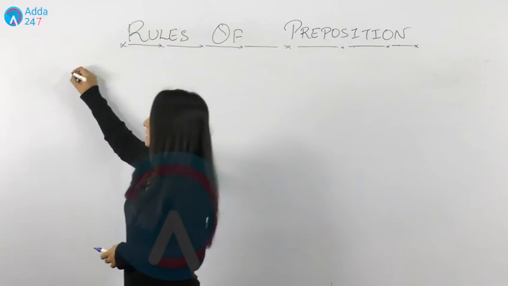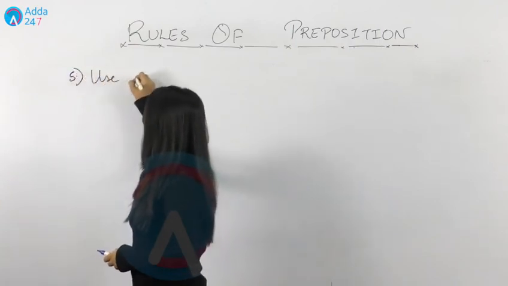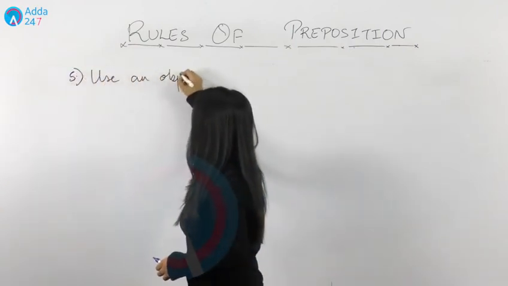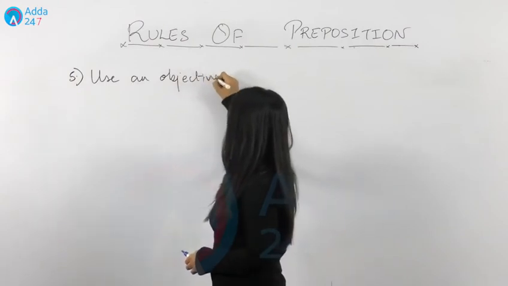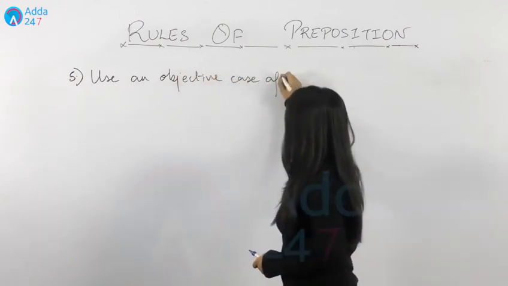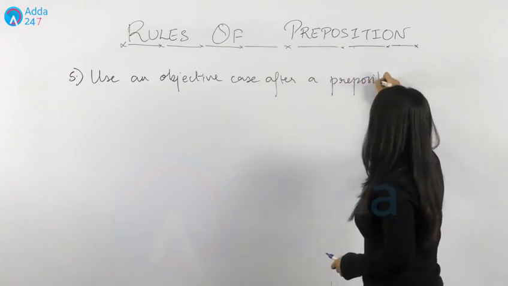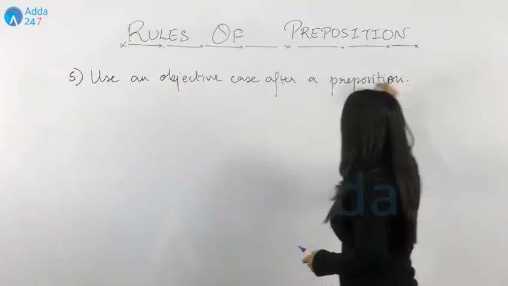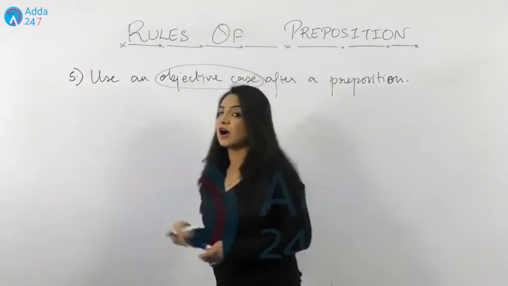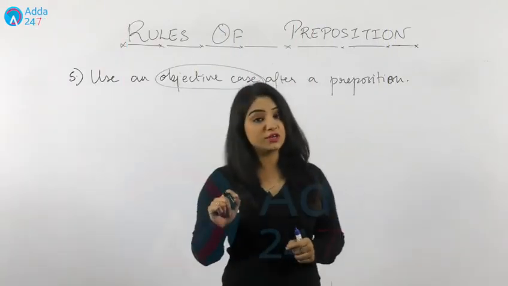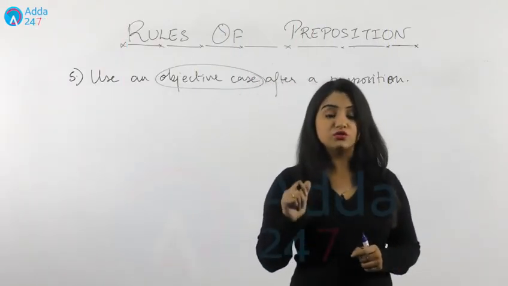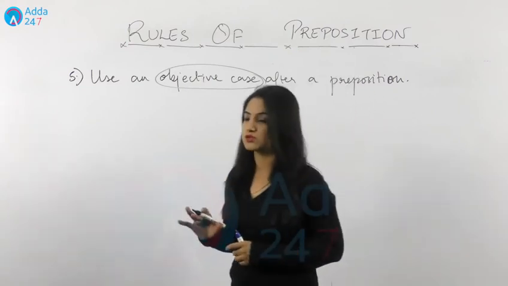Now the fifth one says use an objective case after a preposition. Now, an objective case of pronoun will be used after a preposition. Now, this was already told to you when you were taught a rule in the chapter of pronouns, right?